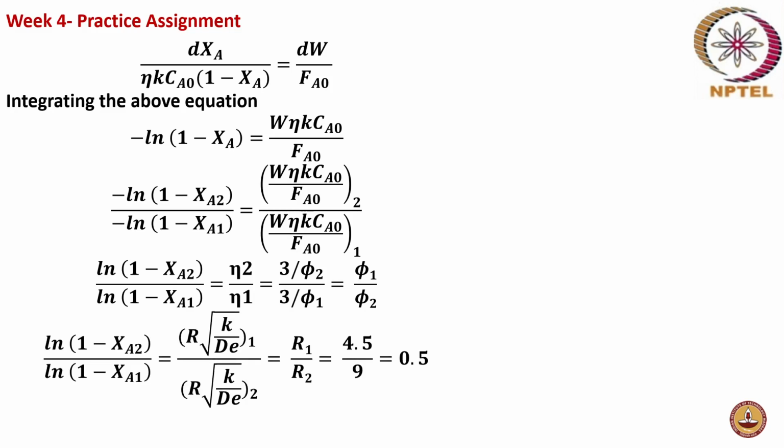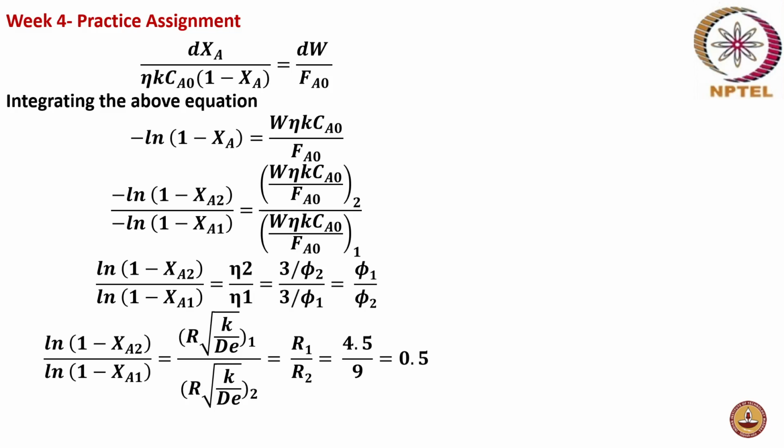And then incorporating the formula for the Thiele modulus, which is nothing but R into square root of K by dE. Here again K and dE are constant in both the cases, so those cancel out and you will end up with R1 by R2 is equal to 4.5 by 9, that is equal to 0.5.